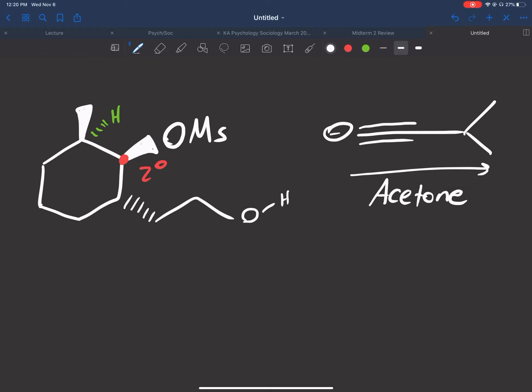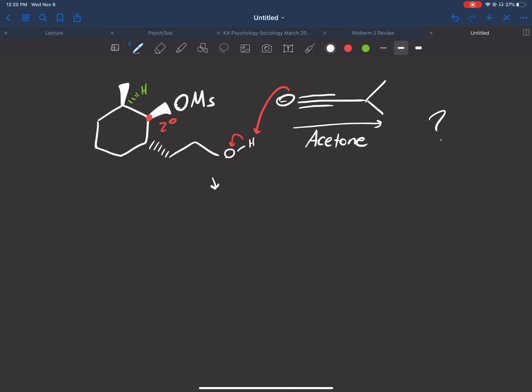So the base that we have is actually going to take the hydrogen from this OH group. We're going to get this, and we're going to have something that looks like this.